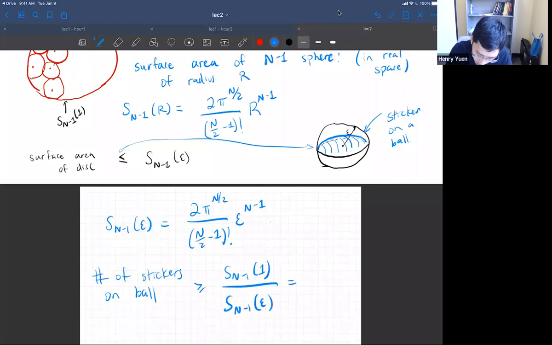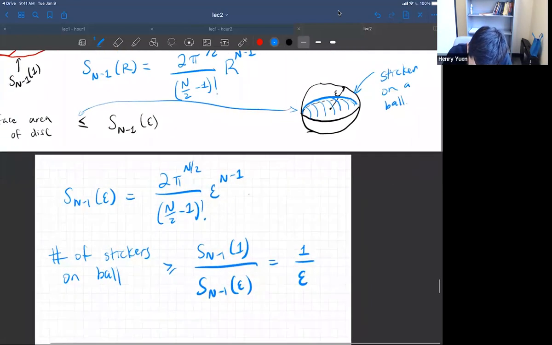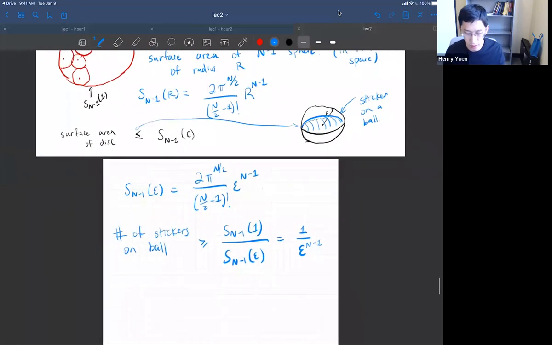And this 2 pi and factorial stuff all just cancels out, and you get 1 over epsilon raised to the capital N minus 1. Okay. So that's a lower bound on the number of disks you can pack in the space of all little n qubit states.